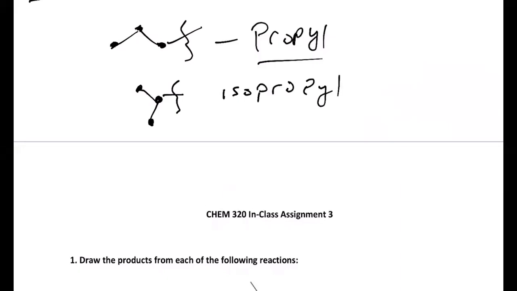Because the iso part is kind of shorthand for isomer, so iso meaning that it is an isomer of propane. That's because it's attached at a different carbon. So instead of being just propyl, now it's isopropyl.